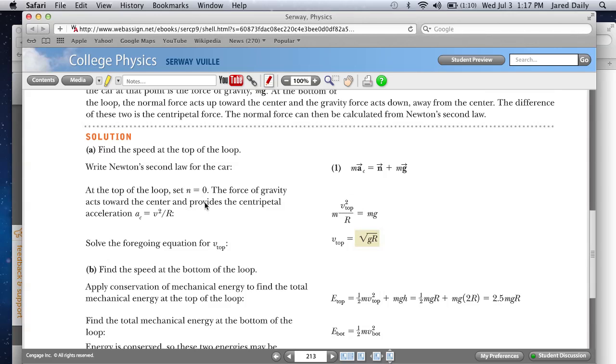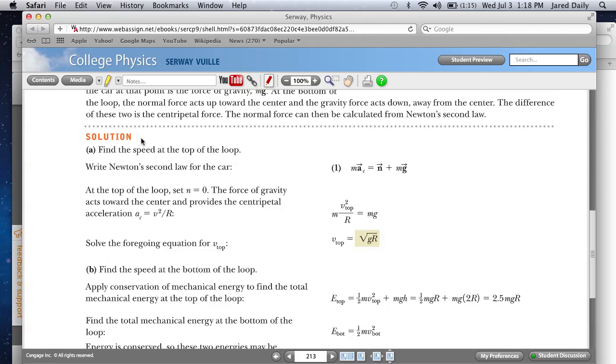We're going to set n equal to 0 at the top of the loop, because we're going to say that the car is actually not going to be pressing up against the track. And I suppose that's a fairly good assumption to make. Most of these tracks that have loops in them have a double track, so that when they're on the top, it actually switches to a different track to keep it from falling off.